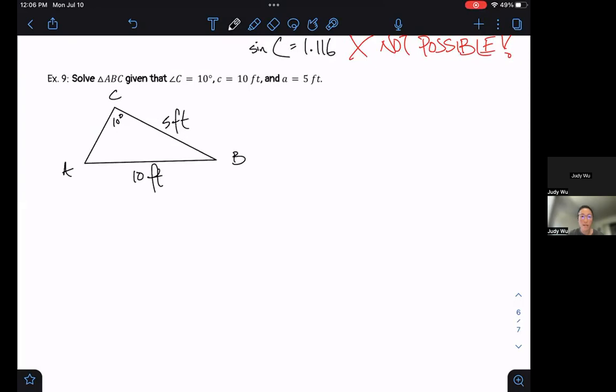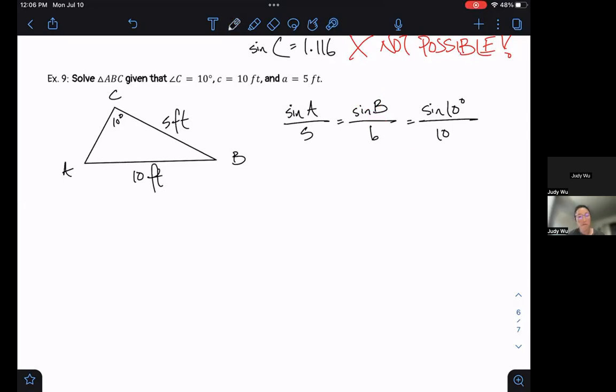And so if we fill in our law of sines, let's see what we get. Sine of A over 5 equals sine of B over little b equals sine of 10 degrees over 10. Okay. So in this case, I don't know anything about the b's.